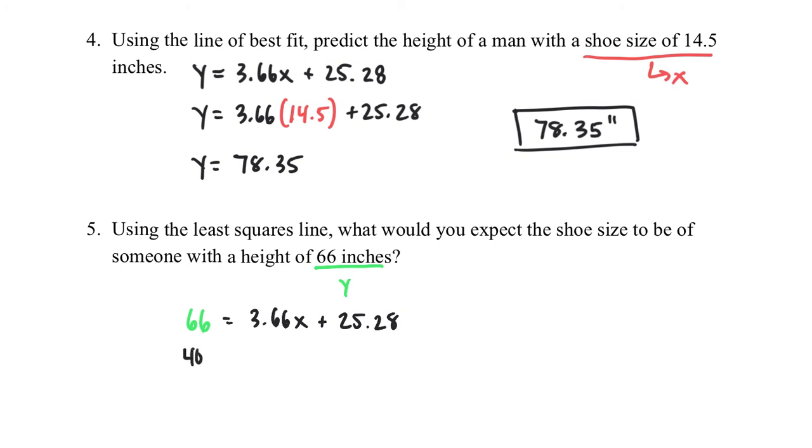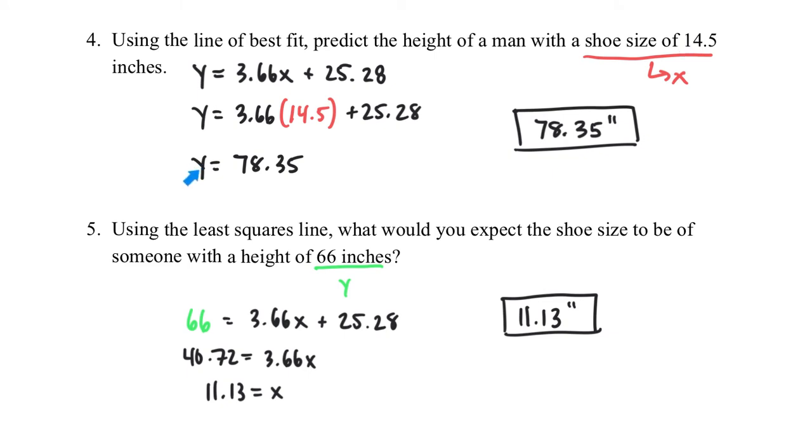That gives me 40.72 equals 3.66x. Divide both sides by 3.66, and I get 11.13 equals x. So if a man is 66 inches tall, I would expect his shoe size to be 11.13 inches. So I can give you the x variable and ask you to calculate the y variable, or I can give you the y variable and ask you to calculate the x value. All of it comes from this regression line, which is calculated in your calculator.